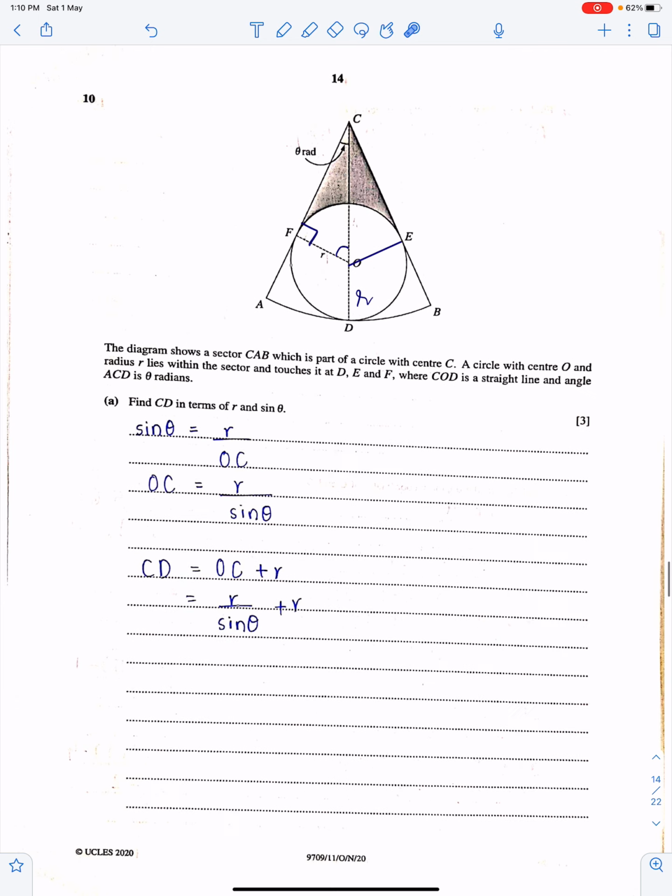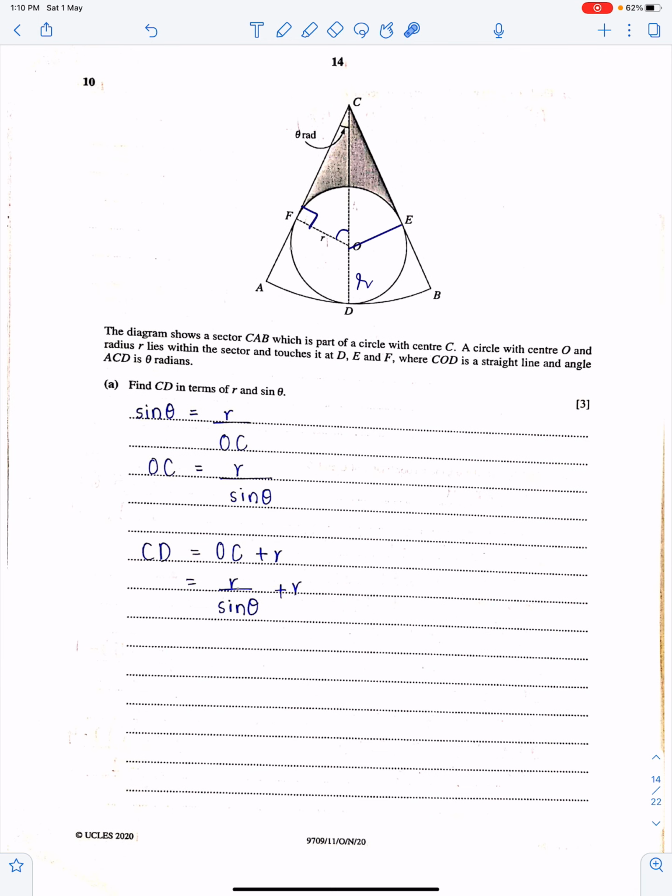Question number 10. The diagram shows the sector CAB, with center at C. A circle with center O and radius R lies within the sector and touches it at D, E and F, where COD is a straight line and angle ACD is theta.